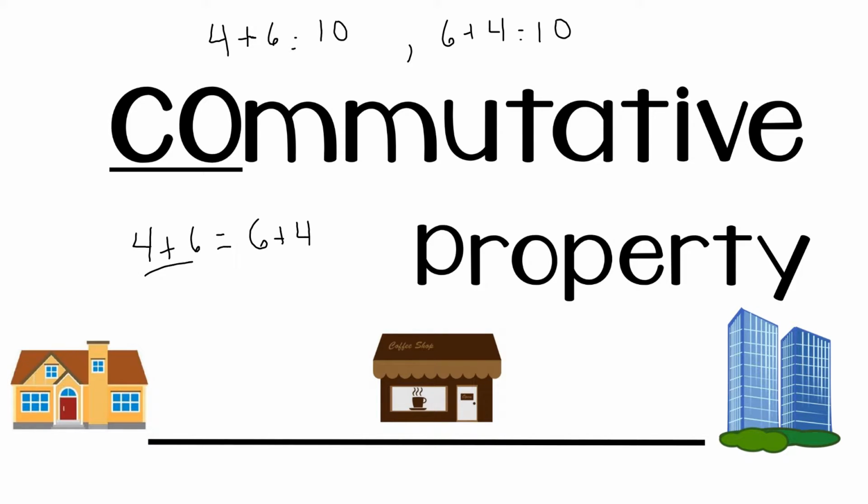Both sides are equal to 10. It's just that we're changing the order of which we're putting the numbers. So here the 4 is first and the 6 is second because we're commuting to work, and then we're commuting back home, 6 miles to the coffee shop and then 4 miles home. That's also a distance of 10 miles.